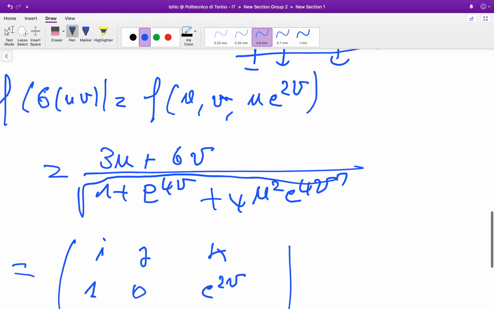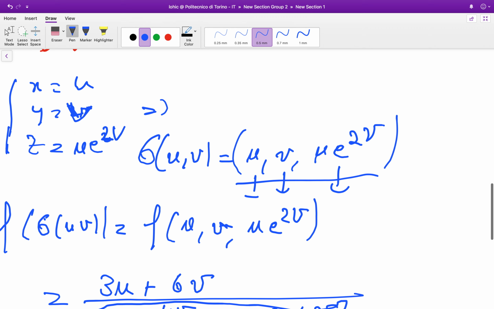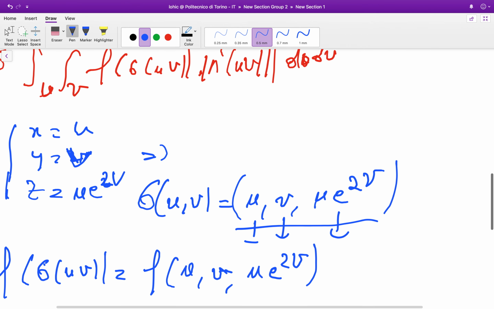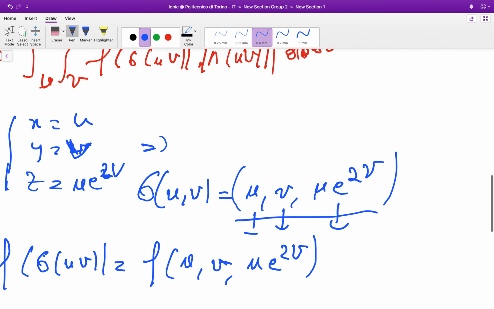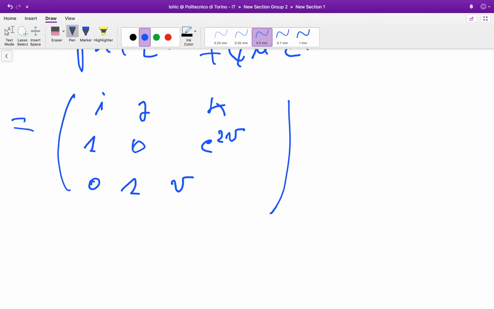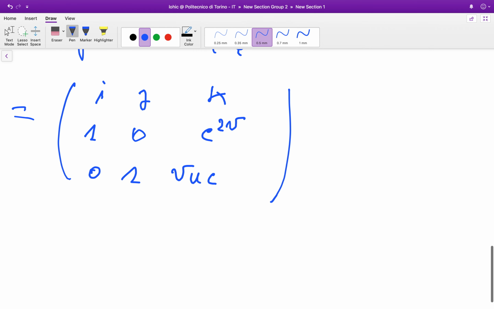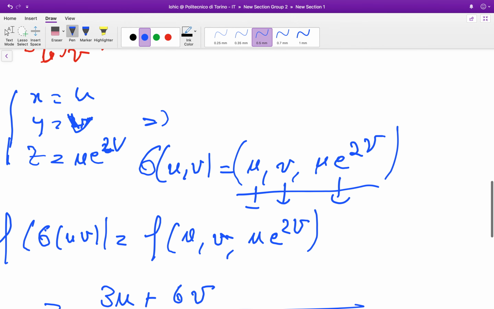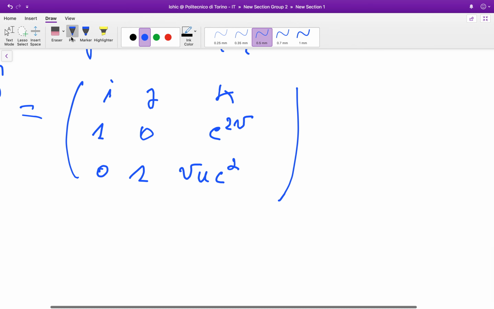Now the last vector will be the derivative with respect to v, so it will be 0, 1, and the derivative of this with respect to v will be, no, I was making a mistake.